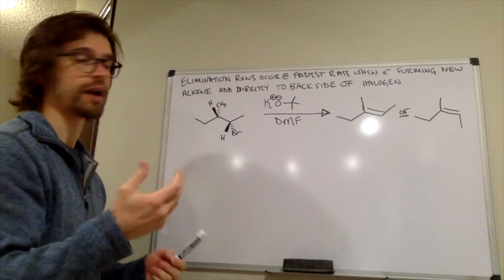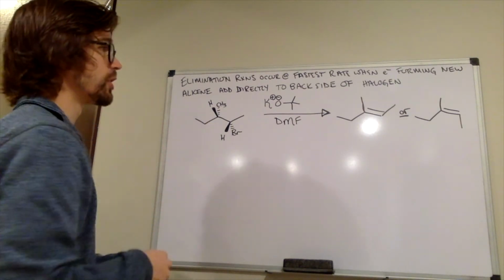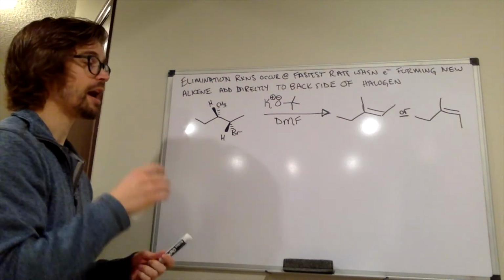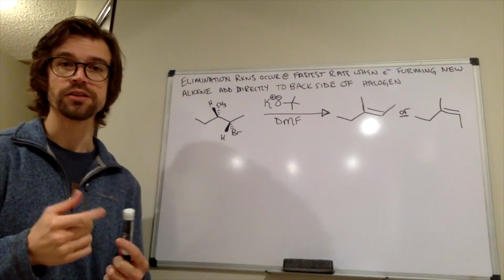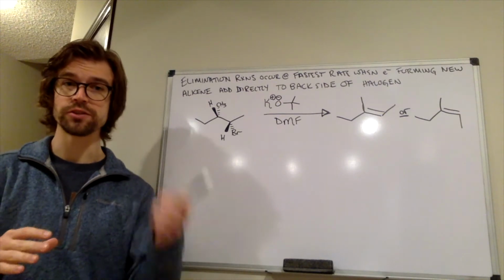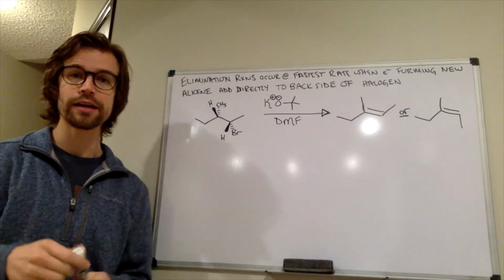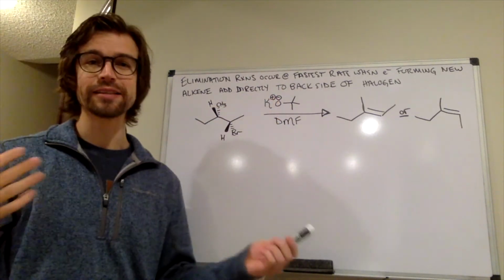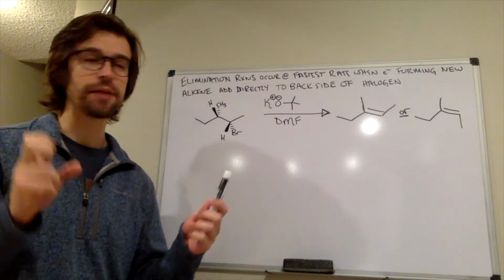The first thing that we have to recognize is that elimination reactions occur at the fastest rate when the electrons forming the new alkene add directly to the backside of the halogen. So just like SN2 chemistry, backside attack inverts that stereochemistry. Why did it have to add to the backside of the halogen? That's because that's where that anti-bonding orbital was.